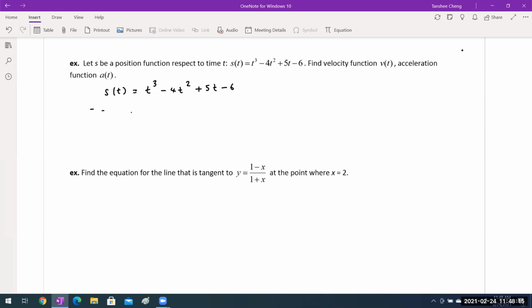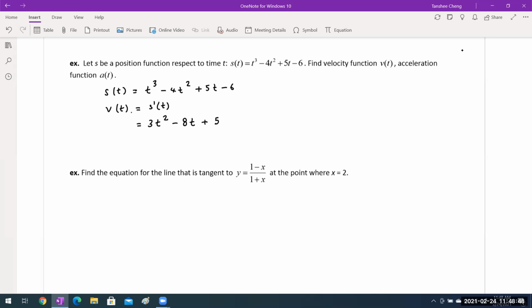So when I take the derivative of the position function, that is derivative of the first term, which is going to be 3t squared, minus derivative of the second term, bring down the exponent and multiply with the constant, which is 4 times 2 is 8, and then minus 1 to the exponent, plus derivative of 5t, it will be 5, because derivative of 5 times t will be 5 times derivative of t.